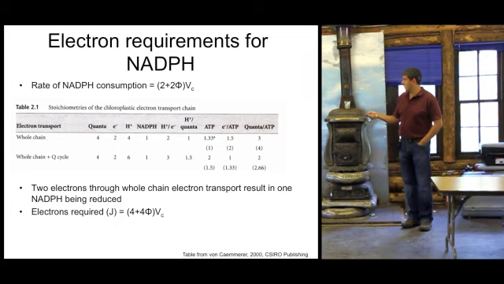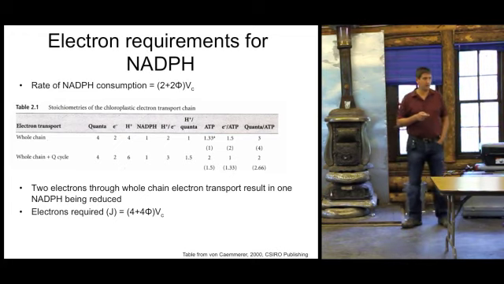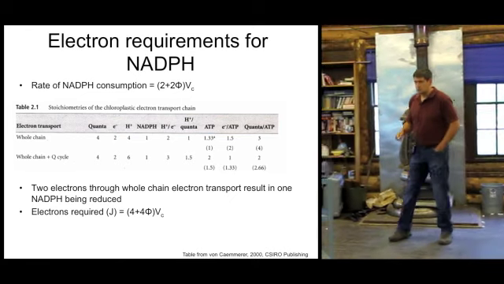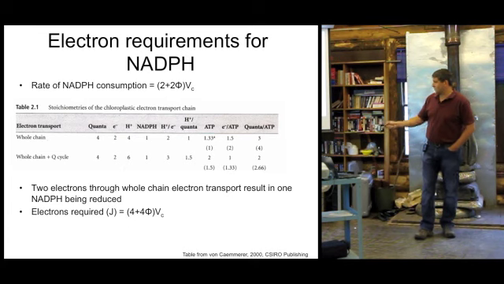So for 2 electrons, you get 1 NADPH. As 2 electrons move through the electron transport chain, you will get 1 NADPH. Now we need 2 plus 2 phi NADPHs. Therefore, we need 4 plus 4 phi electrons in order to meet the demand for NADPH. Does that make sense? It's real simple. So that's 4 plus 4 phi.